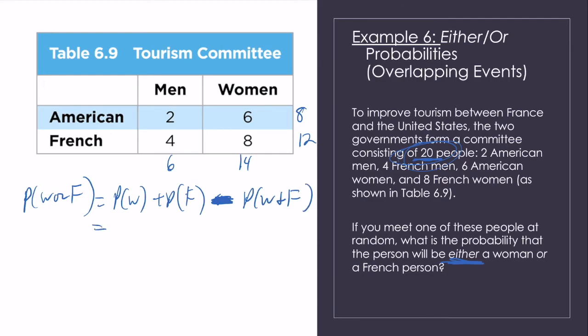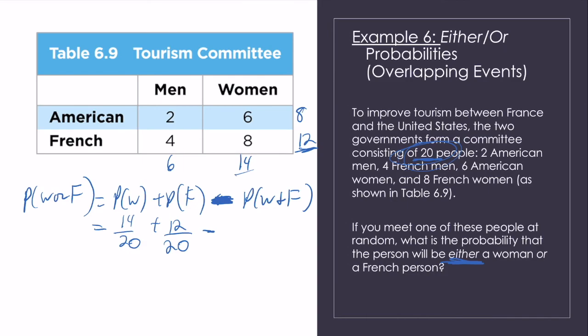Well, the probability of being a woman, there are 14 women out of 20. The probability of being French, there are 12 French delegates out of the 20. See how this would add up if I was to stop here and take 14/20 plus 12/20, I'd get 26/20, which is greater than 100%, which we don't do in probability, right? Probabilities have to be between 0 and 100%, not anymore, so be careful.